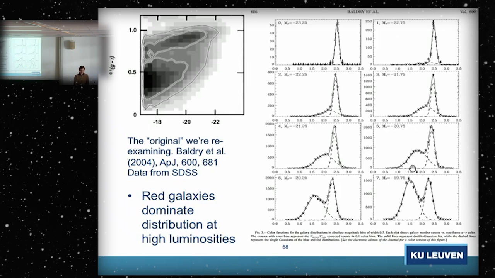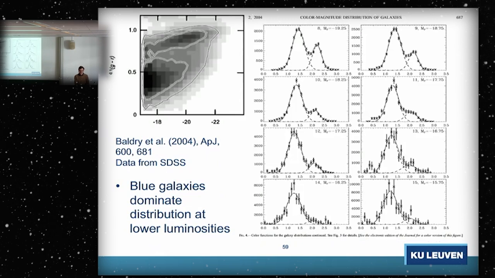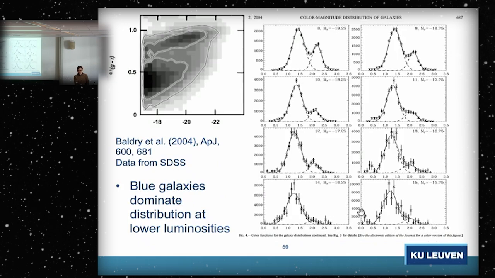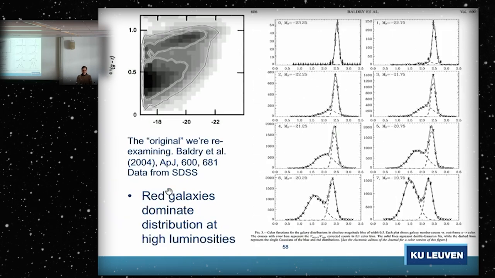Here are more bins, a larger data set, and you can see that when you go to the lower end, the distribution simply shifts. You can also see this type of number counting here. So blue galaxies dominate the distribution at lower luminosities, red at higher.